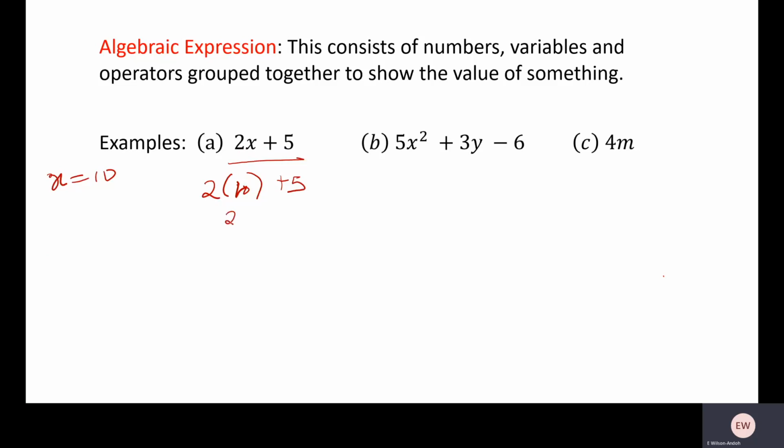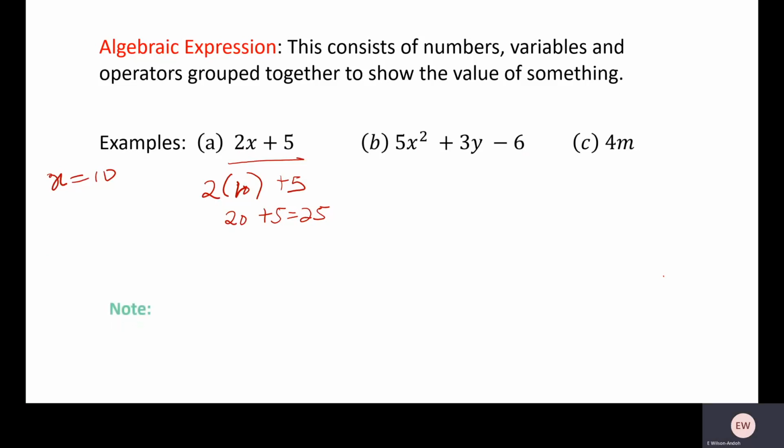And this will give us 20 plus 5 equals 25. So the value of this expression when x is equal to 10 is equal to 25. Now, we can do the same for the two examples there, when we know the value of x and y, and also the value of m.